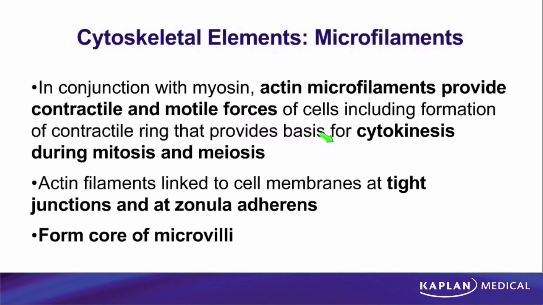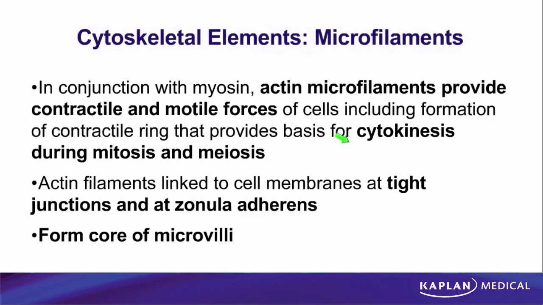So, for example, earlier when we talked about cytokinesis, the division of cytoplasm, when a cell undergoes mitotic or meiotic division, and after the nucleus divides, then the cytoplasm divides, there's a movement of the cytoplasmic elements into the two separate cells. And that movement is going to be facilitated by the presence of microfilaments. So the microfilaments are associated with cytokinesis, the movement of cytoplasm during cell division.